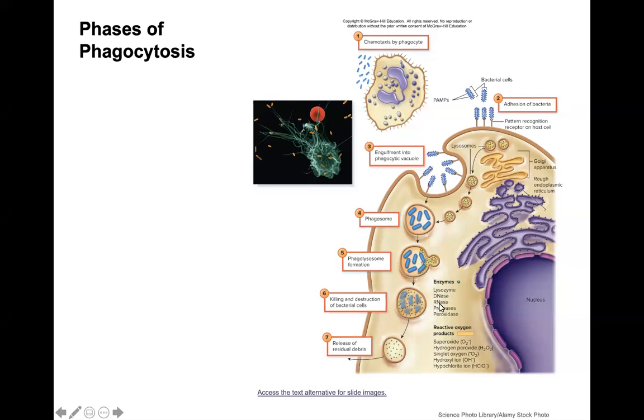DNase breaks down DNA, RNase breaks down RNA, protease and peroxidases break down proteins and fatty acids, respectively, and lysozyme breaks down the cell walls. So this is going to degrade a lot of those things. Once you have broken down all those things, you'll release the residual debris out of the cell via exocytosis.